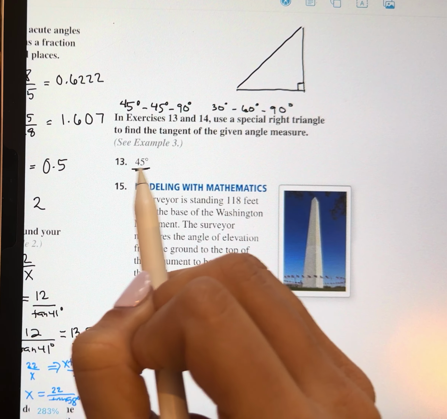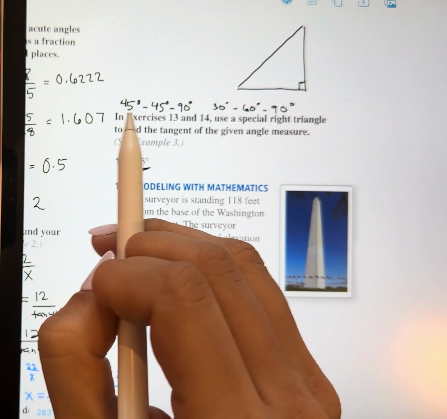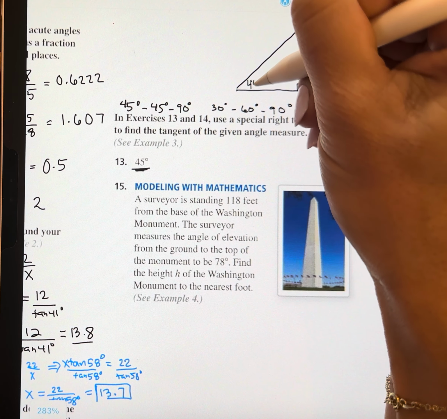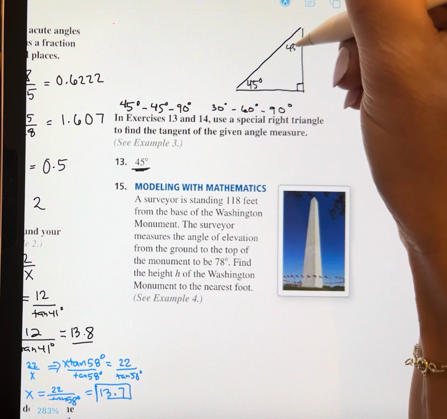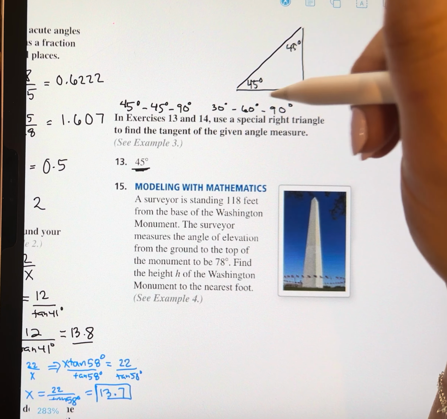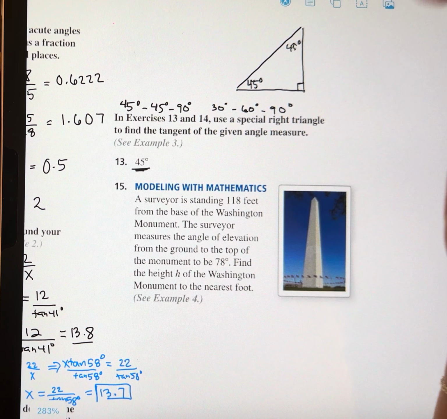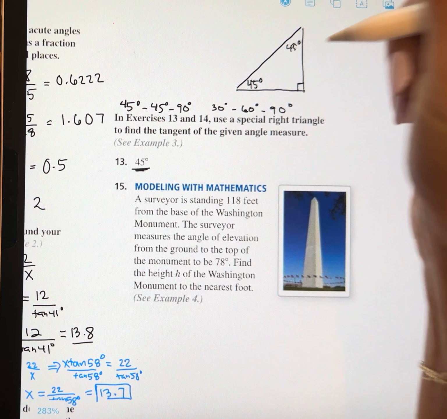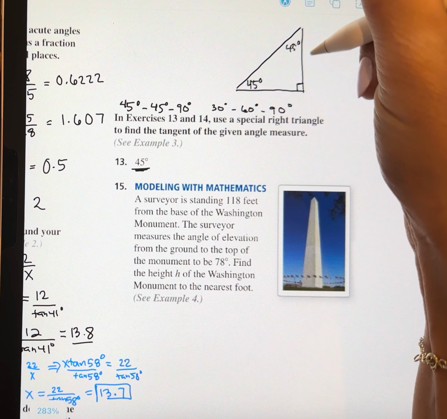Now, if I want the tangent of 45, I'm going to look at the 45, 45, 90. So here it is, 45, 45. And because we're doing ratios, it actually doesn't matter what the sides are. So I like to do the most basic sides that I can. I'll make the legs each 1.